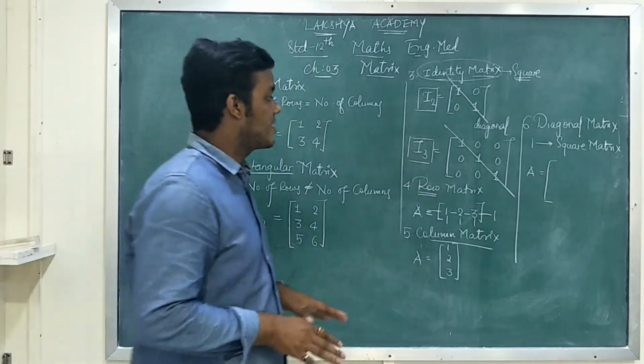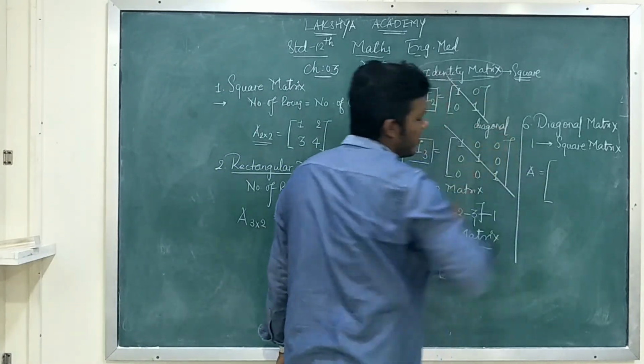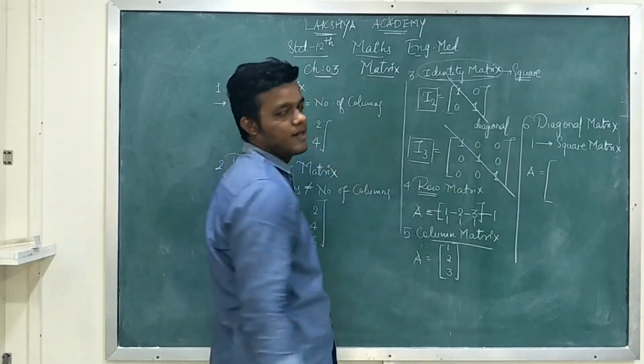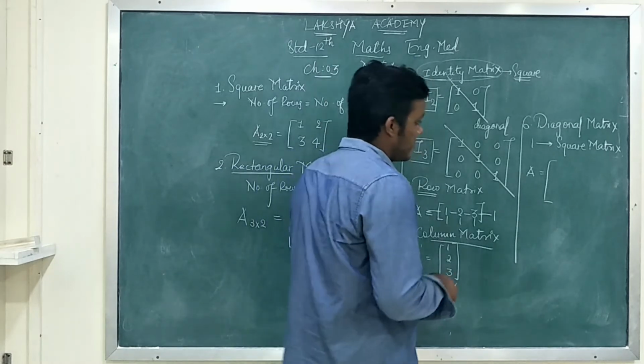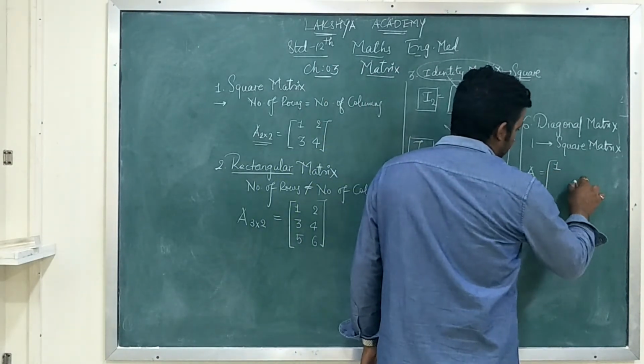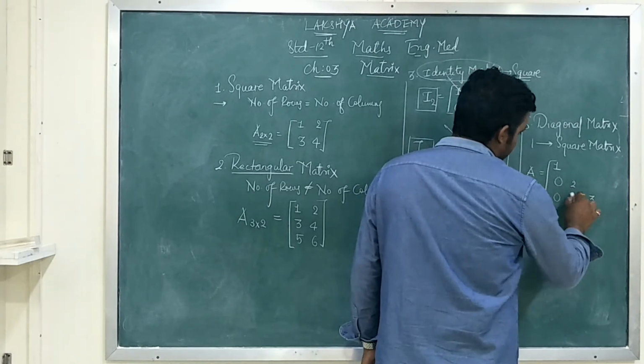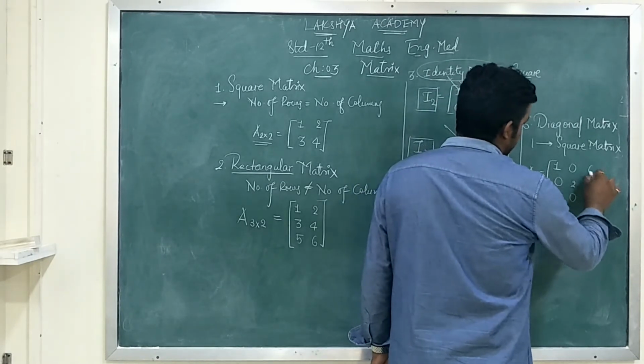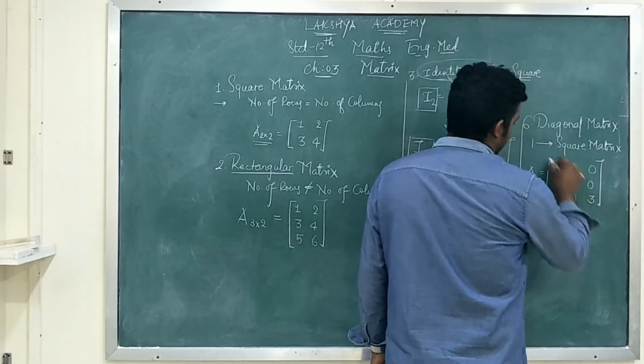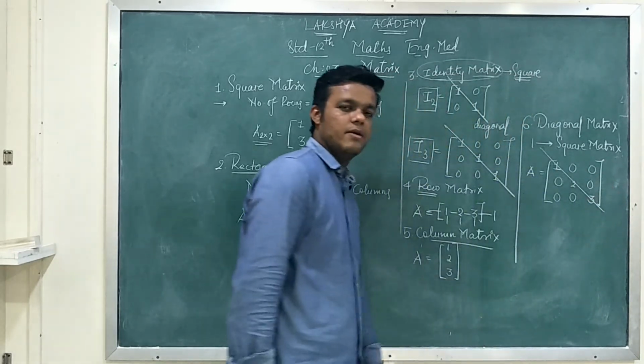I am not saying that they should be 1 only, because that is the condition of an identity matrix. So I said that all the members on the diagonal should be non-zero and all the members except the diagonal should be 0. Like this, right?